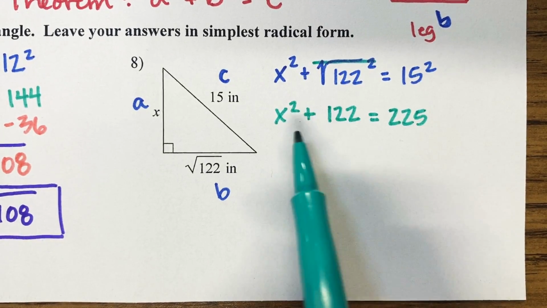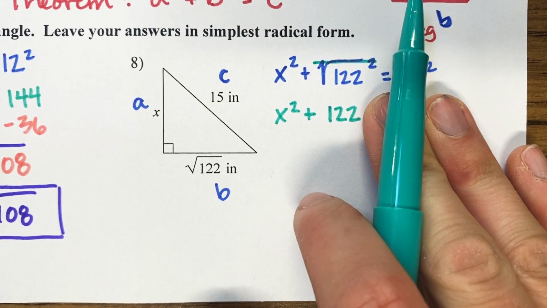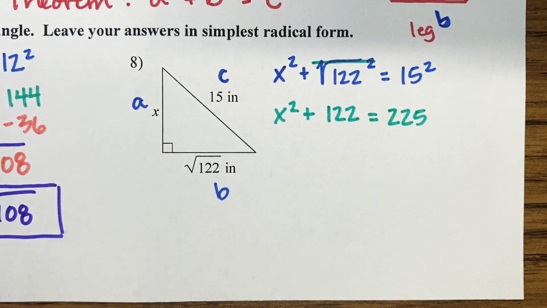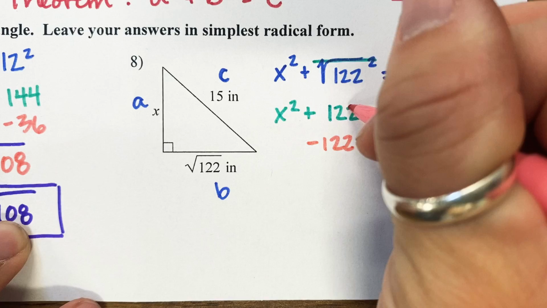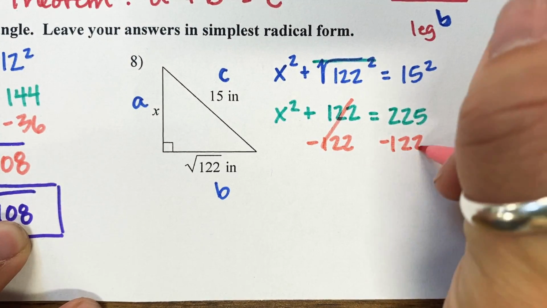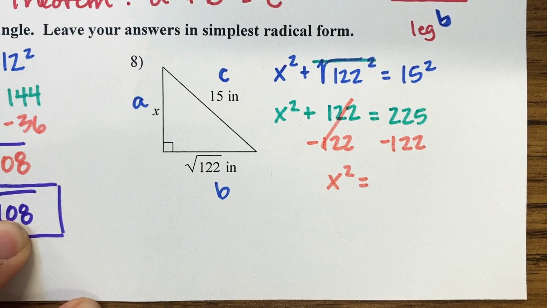See? Those radicals aren't even there anymore. Okay, so now I got to get rid of that plus 122, so I need to subtract 122 from both sides, so I get X squared is equal to 225 minus 122.